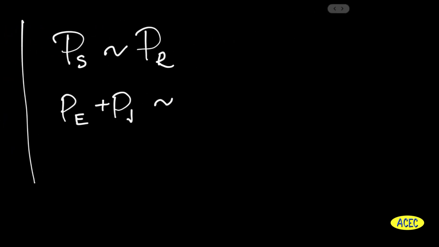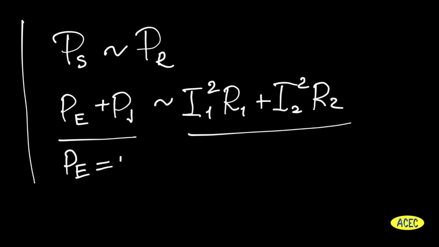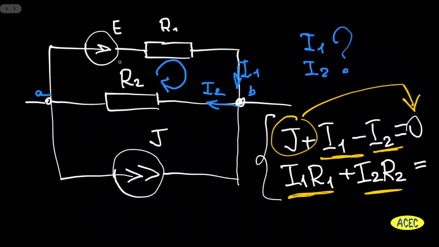And power of loads is a sum of powers of two resistors. Power is voltage times current. Power for voltage source is voltage E times current I1, which goes through this voltage source.